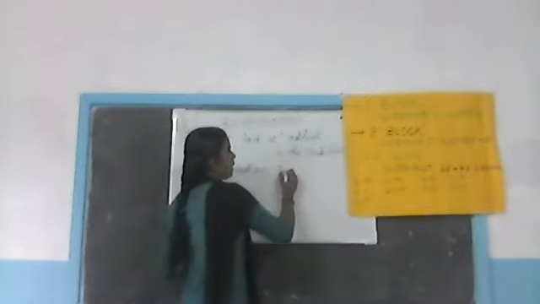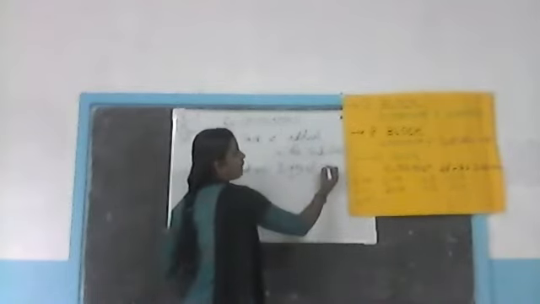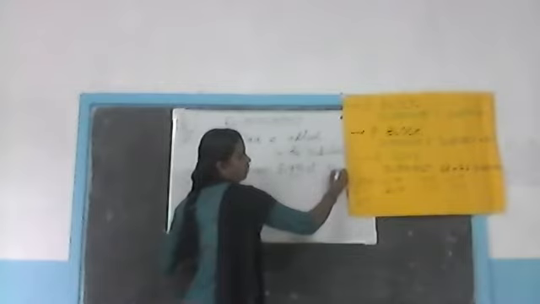And what is the method to find out the period number? The easiest method is the biggest shell number. We have to find out the biggest shell number.